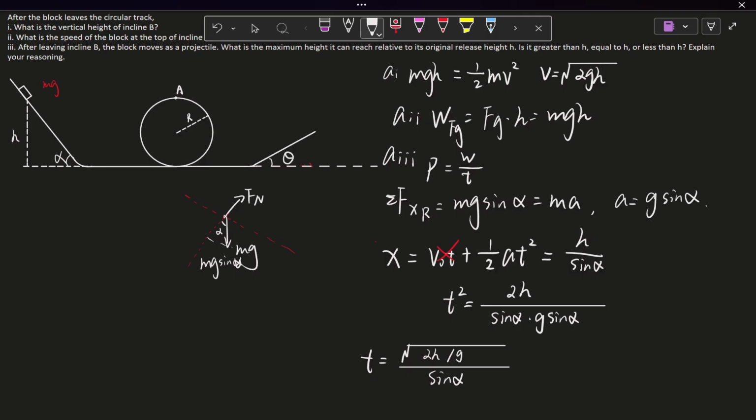So this is your time. Plug the time back into the power, and we can get the power is actually equal to mgh times sine alpha over the square root of 2h over g.